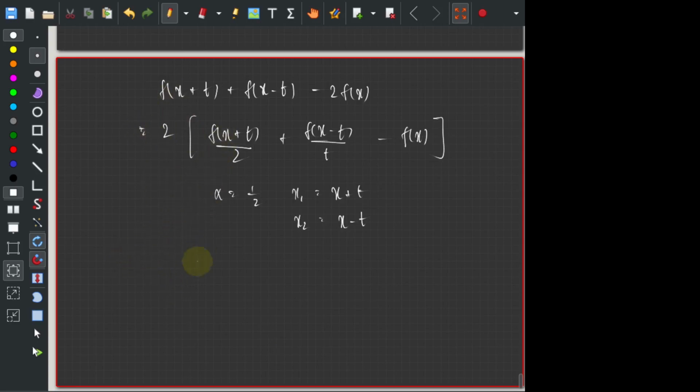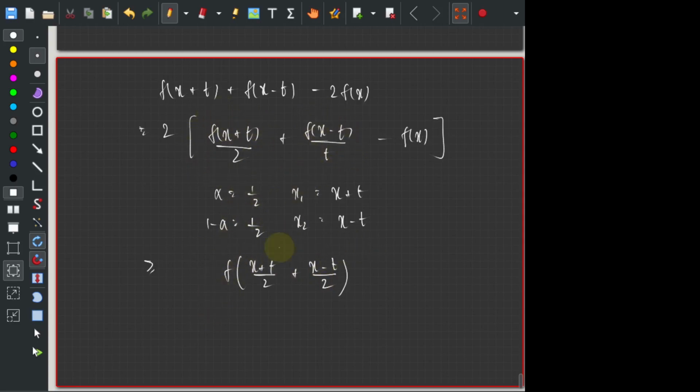Half times f of x plus t plus half times f of x minus t, which is alpha times f of x plus t plus 1 minus alpha times f of x minus t, is greater than or equal to f of x plus t by 2 plus x minus t by 2.